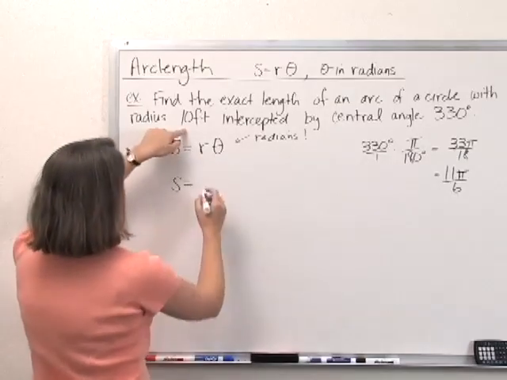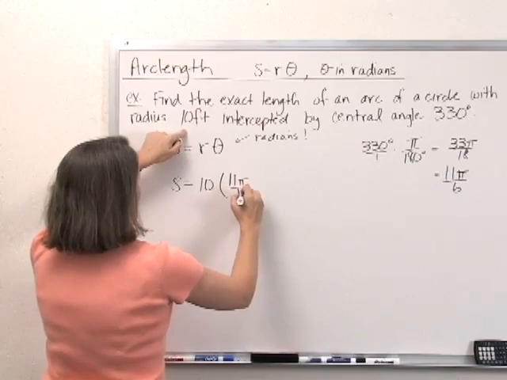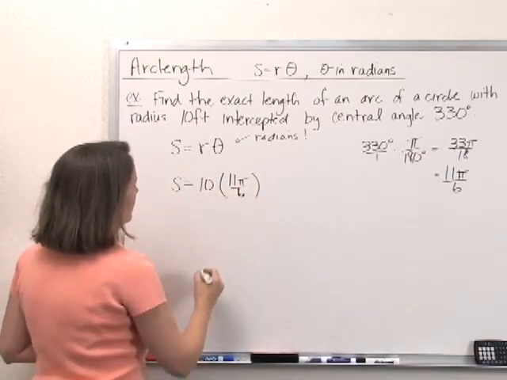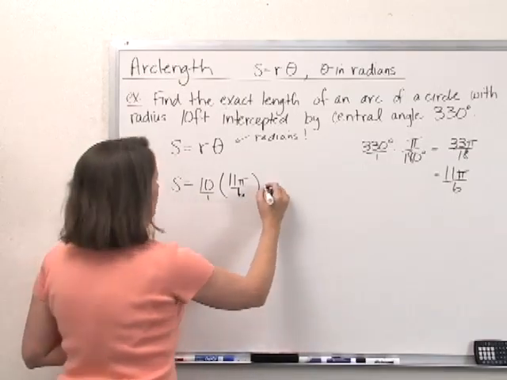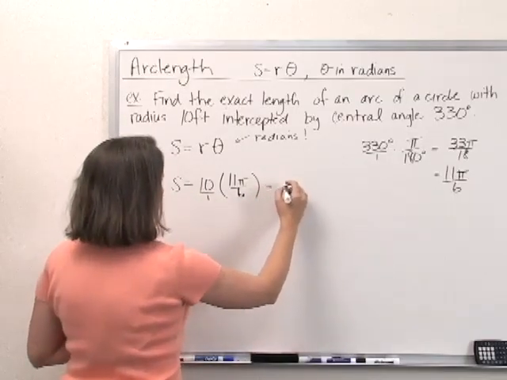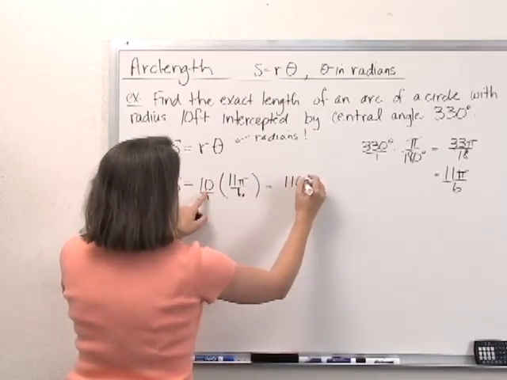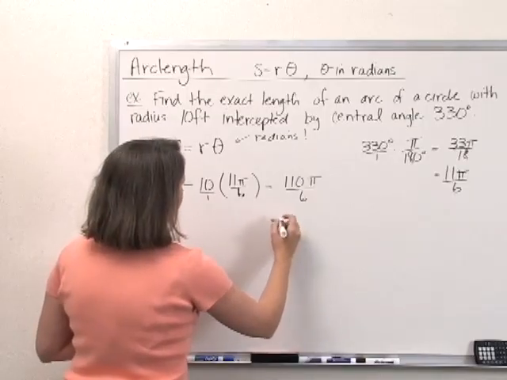The radius is 10 feet. Theta is 11 pi over 6. Think of this as 10 over 1 and reduce your fractions. So I'm going to just go ahead and multiply. 10 times 11 is 110 pi over 6, and then reduce that.